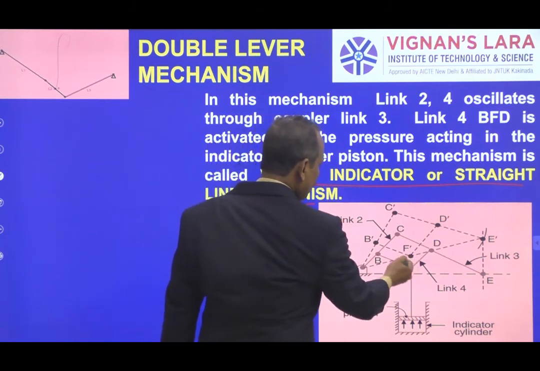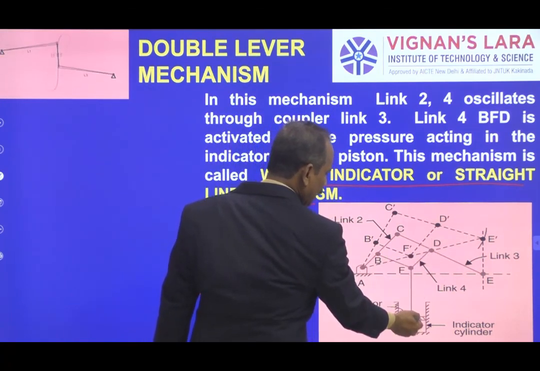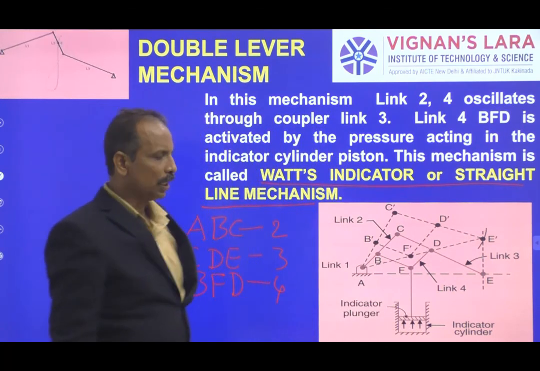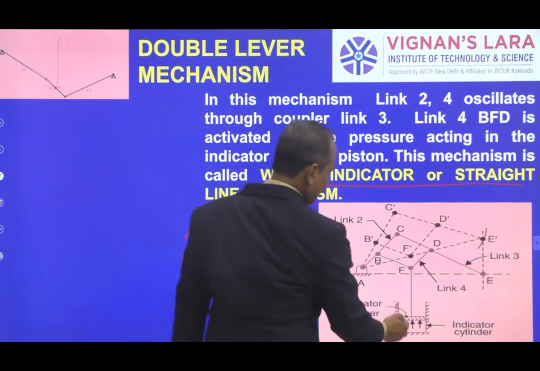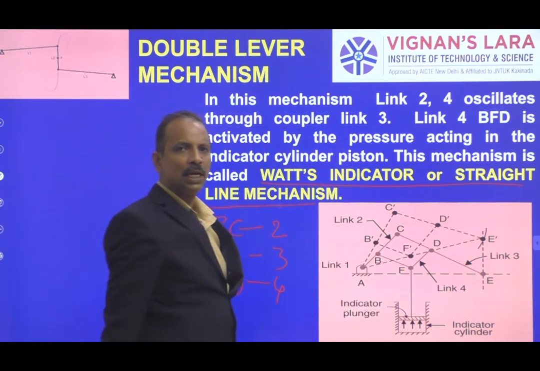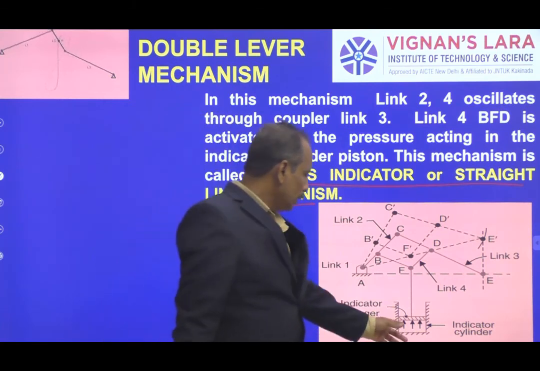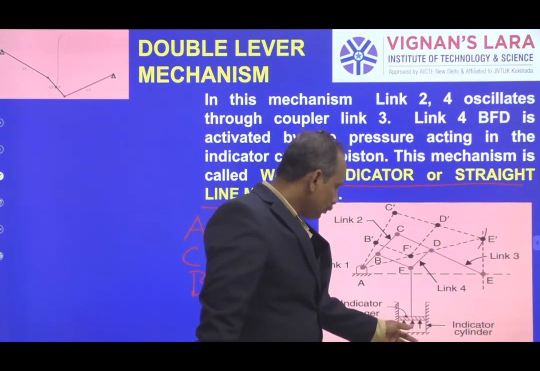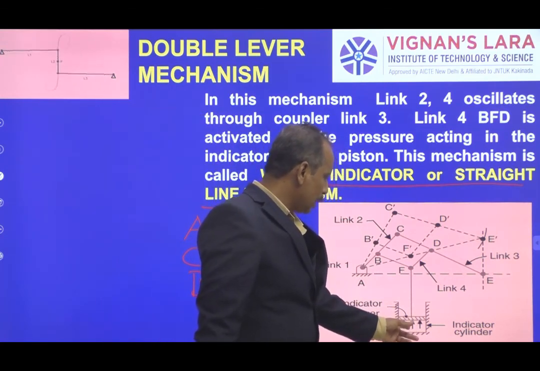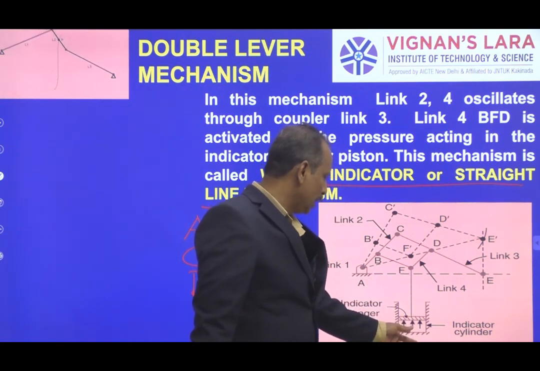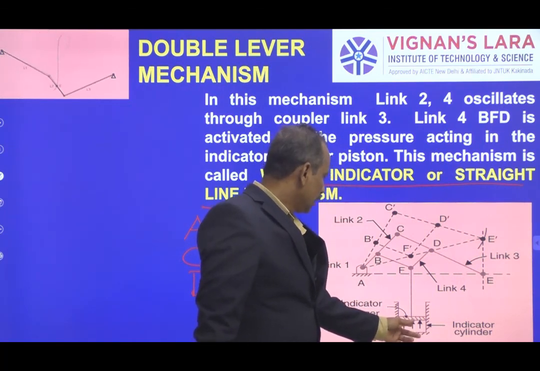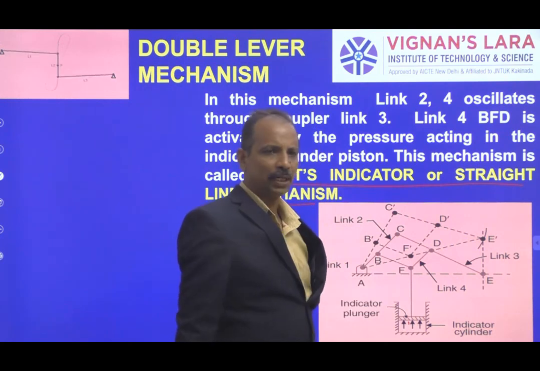You can see F of BFD is connected to a plunger, where this plunger is incorporated in a cylinder, and there is some gas or steam or whatever it may be actuating this piston in the upward direction.